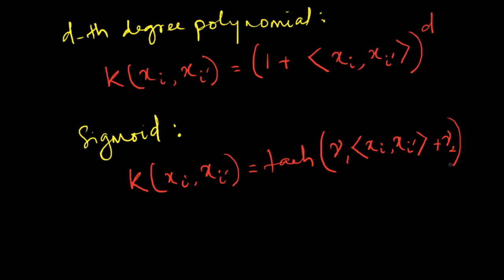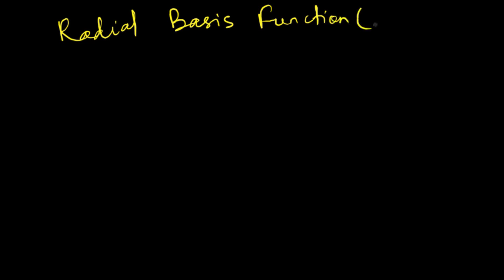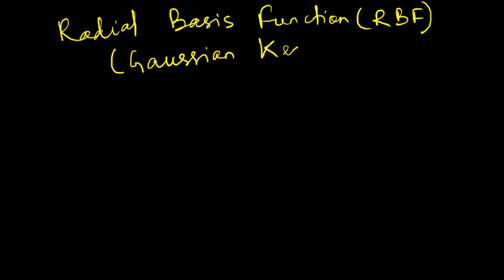So these are some kernel functions that are useful in some problems, but the most commonly used kernel function is what is called the radial basis function. In short, it is denoted by RBF, and it is also called the Gaussian kernel. No matter where you go, the Gaussian follows you.